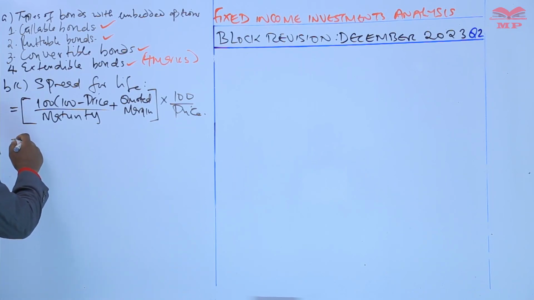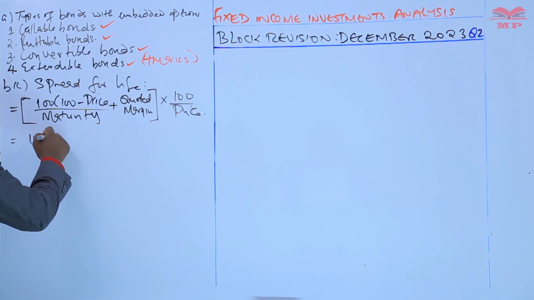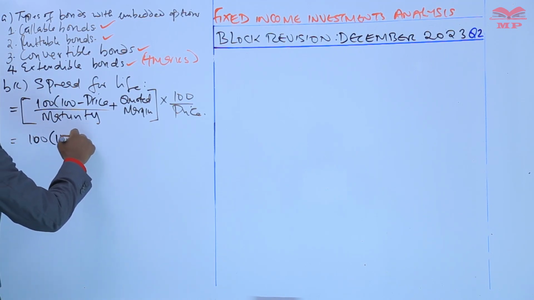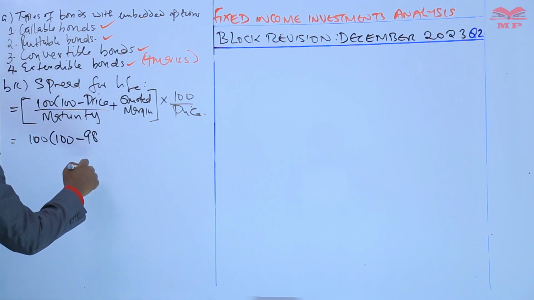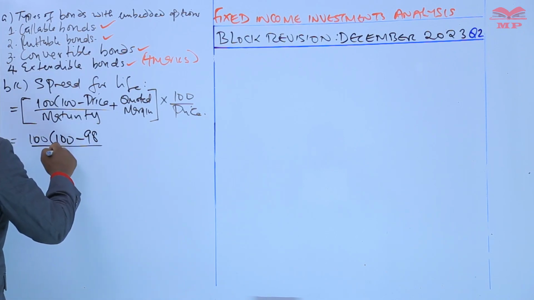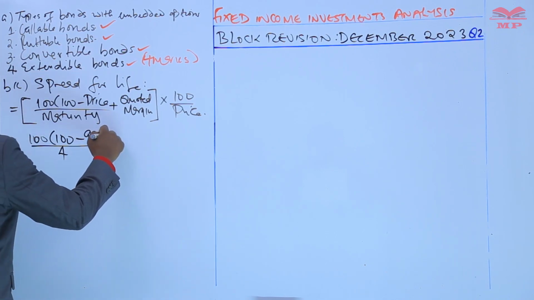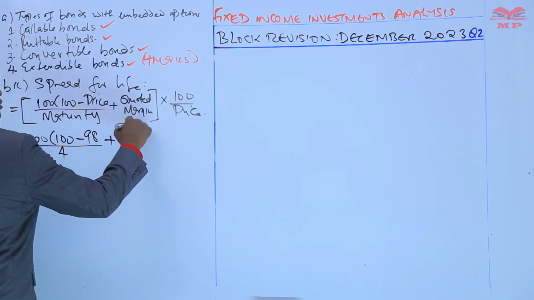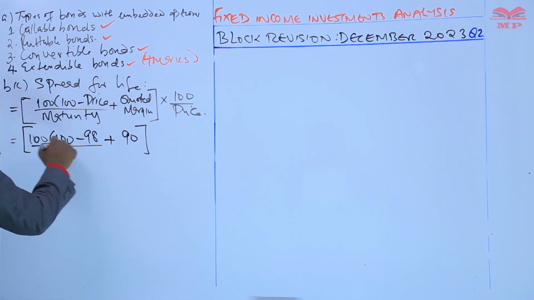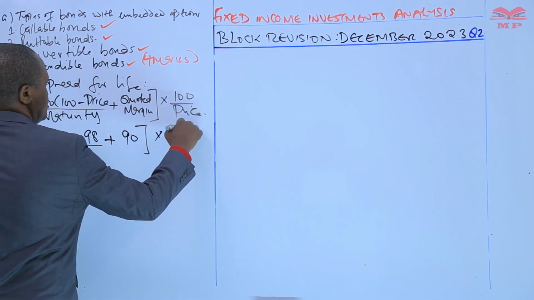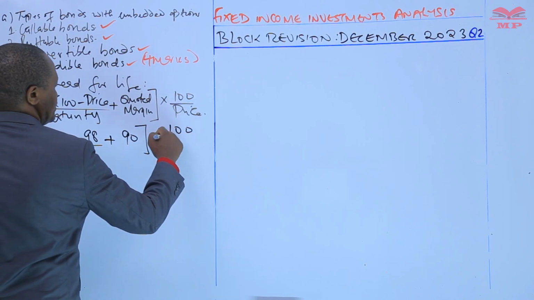Therefore, the spread for life is equal to 100 minus 98, which is the price, over 4 years, plus 90, times 100 over 98.